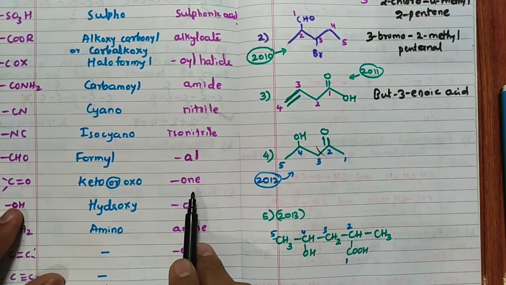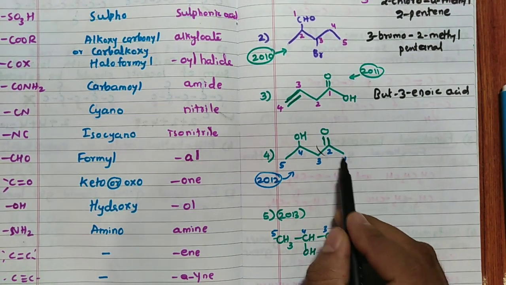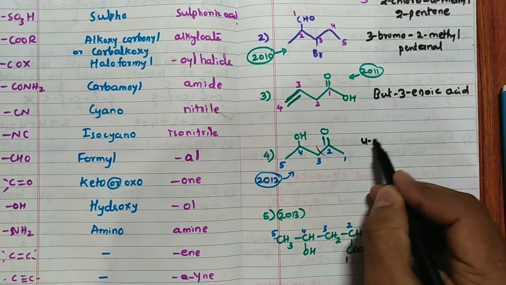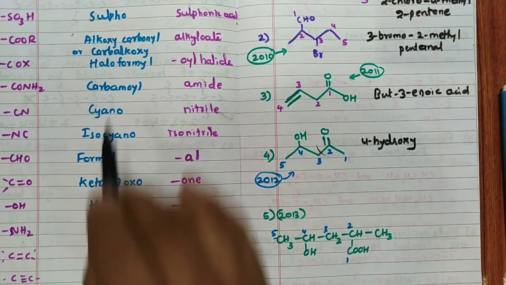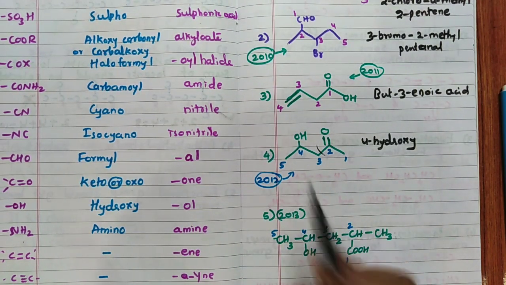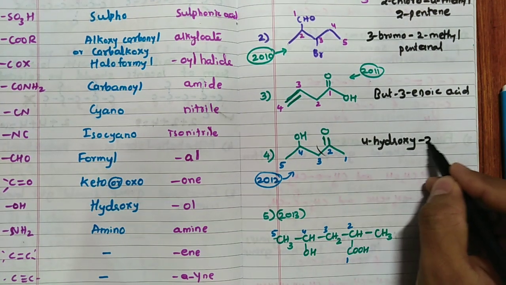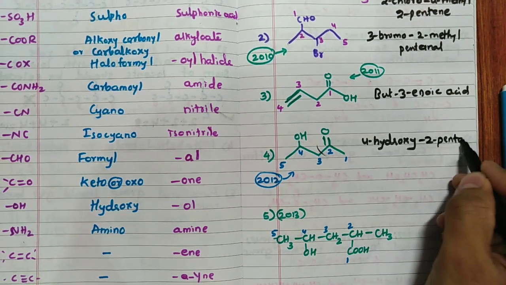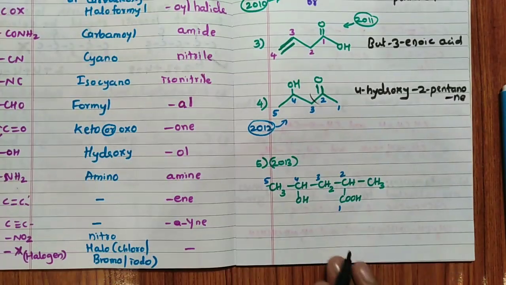Hence remember, you have to number from this side, 1, 2, 3, 4, 5. So 4-hydroxy, because when it is present as a prefix it is hydroxy. 1, 2, 3, 4, 5 means pent, with the carbonyl at the second carbon, so 2-pentanone.